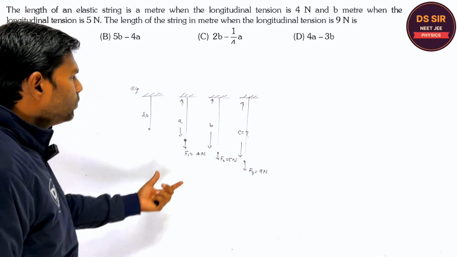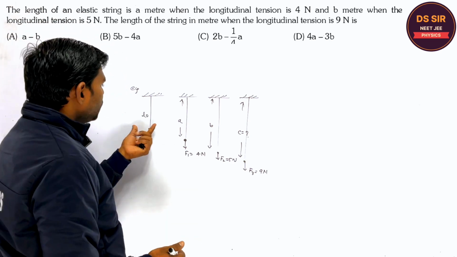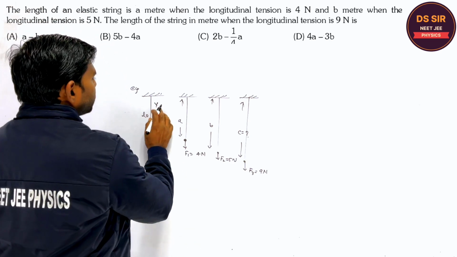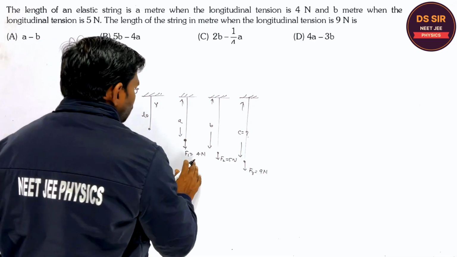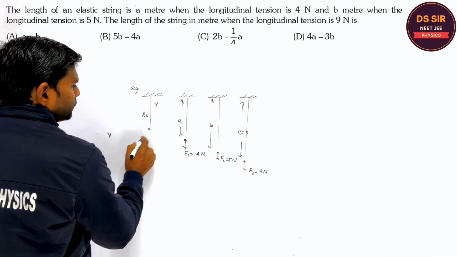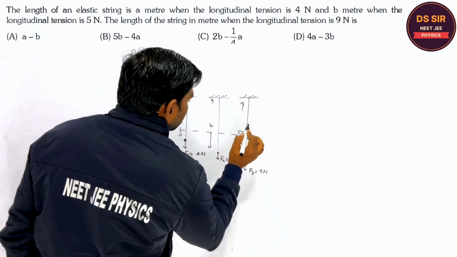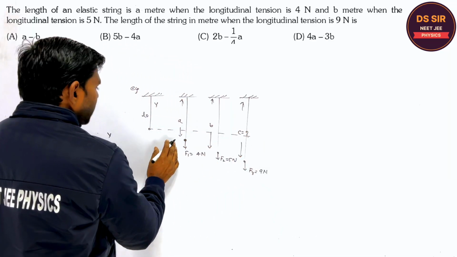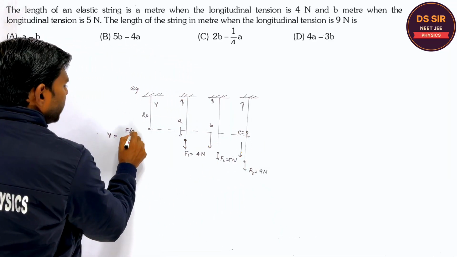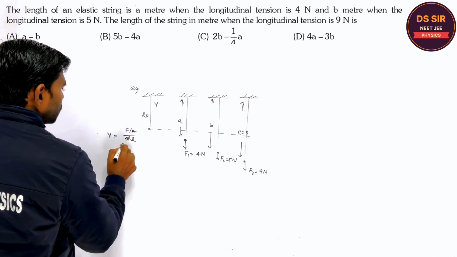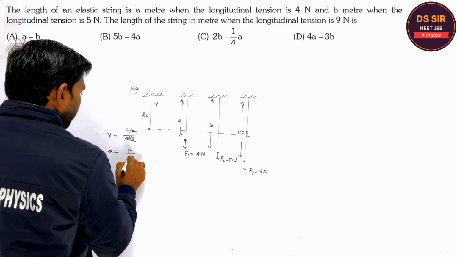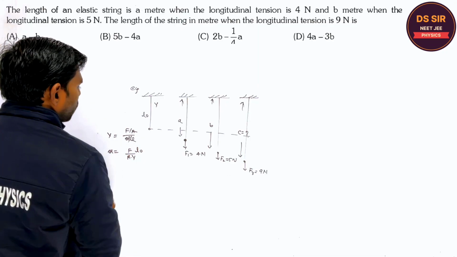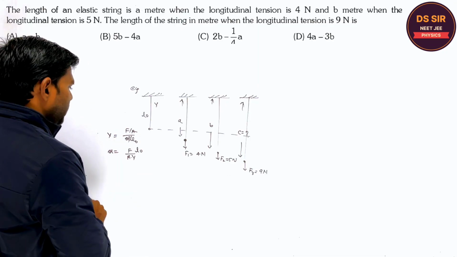So we can assume that the initial length is L0, Young modulus is Y, right? So Young modulus is what? Young modulus is F upon A into delta L upon L. So delta L is nothing but F upon A into Y into L naught. L naught is the initial length.